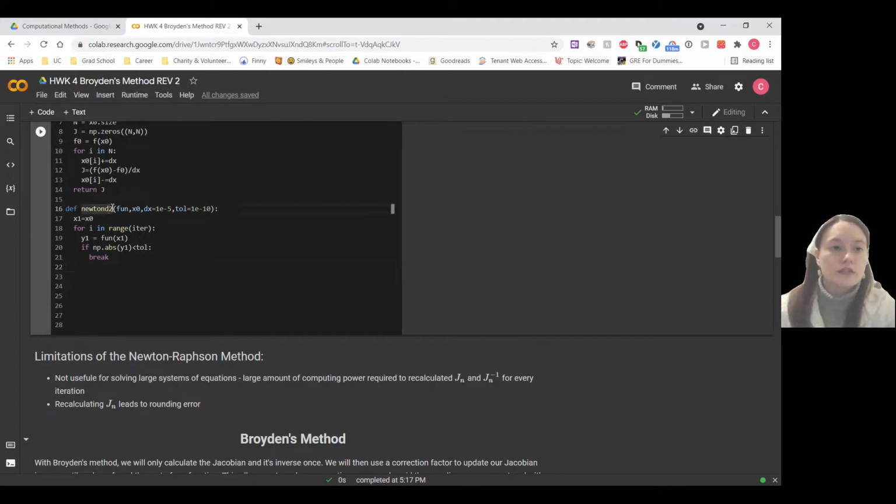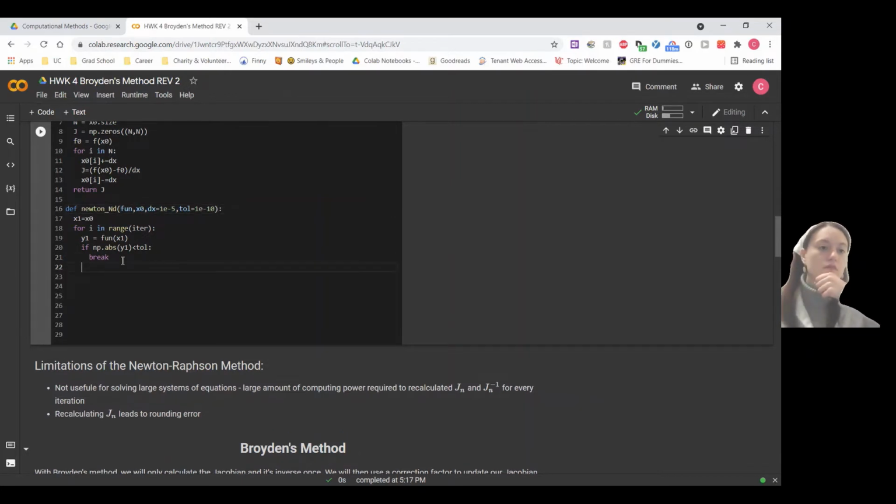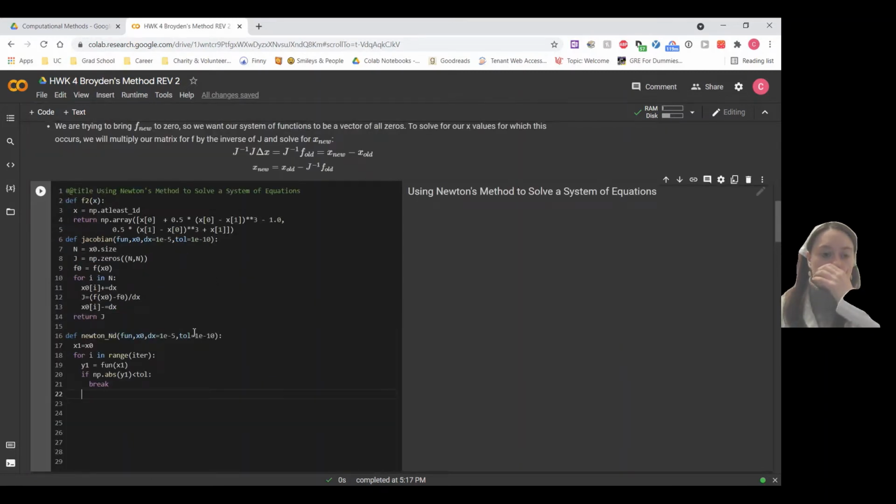Also, this doesn't have to be 2 dimensions. It could be... iteration.